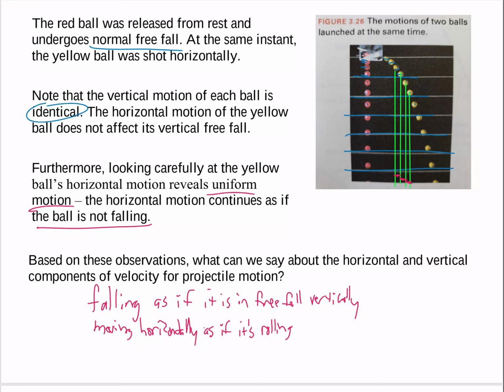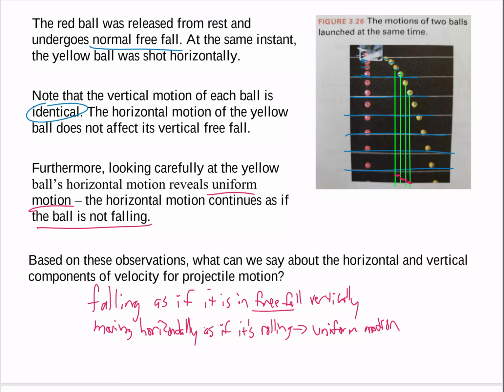So we have free fall and we have uniform motion going on simultaneously for this object that is flying through the air as a projectile.